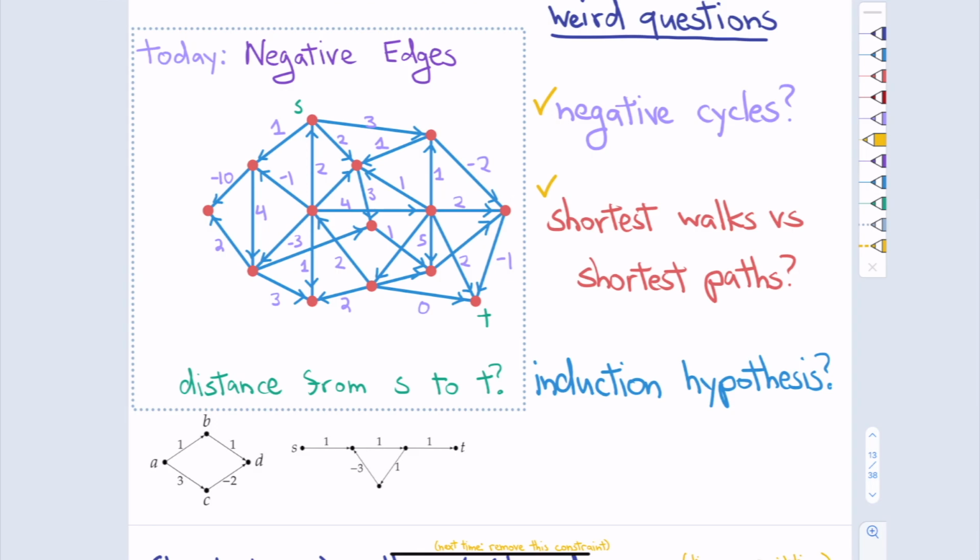Okay, so that helps sort out some of these structural aspects, and now we'll focus on algorithmic aspects, which I'm going to frame as how do I figure out the right induction hypothesis to make an algorithm.